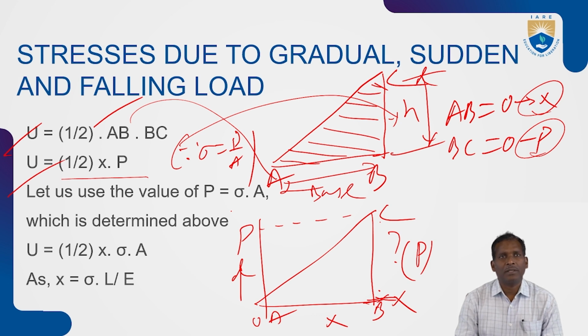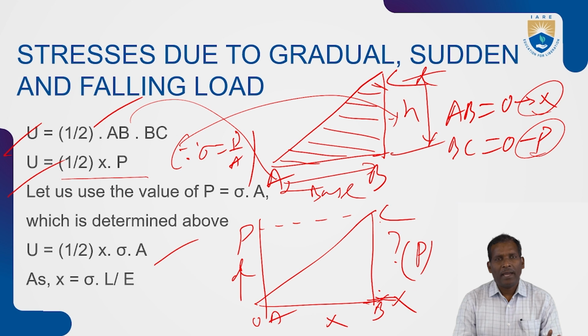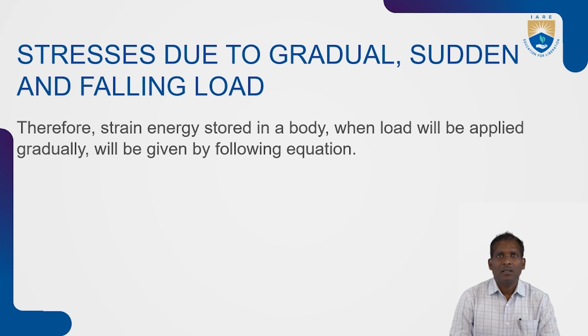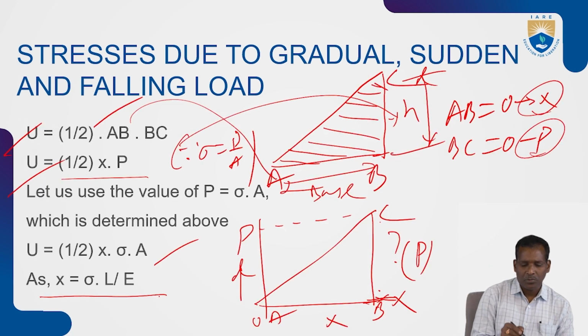Now substitute this P value in the above strain energy equation, that is U is equal to half multiplied with sigma into A, and X is equal to sigma multiplied with L by E. So X is equal to sigma into L by E.